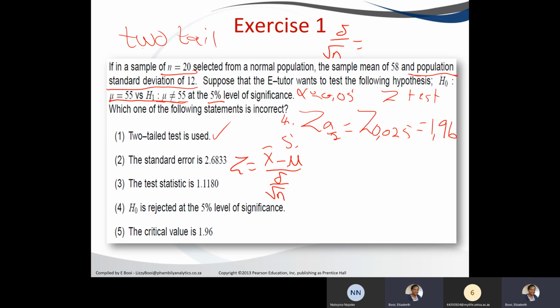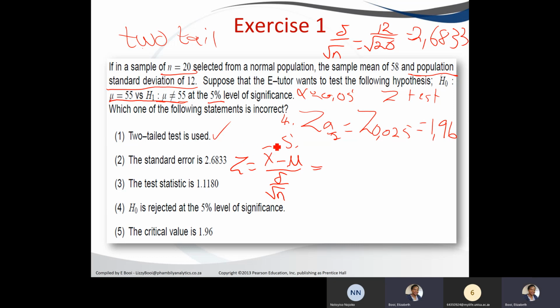The population standard deviation is 12, so that will be 12 divided by the square root of 20. 12 divided by the square root of 20 gives us 2.683 and some number, 2.6833. That is the standard error.